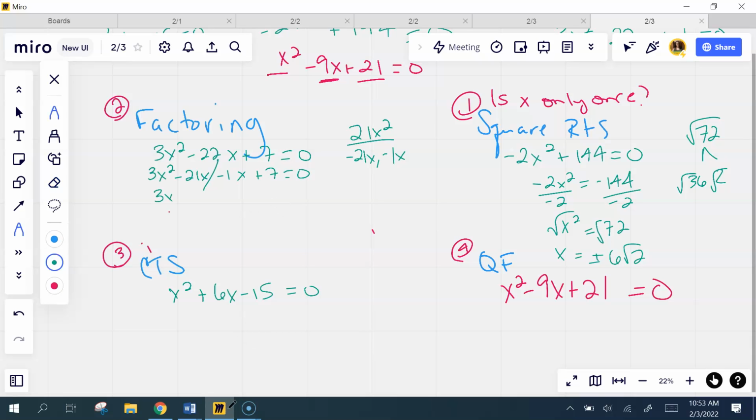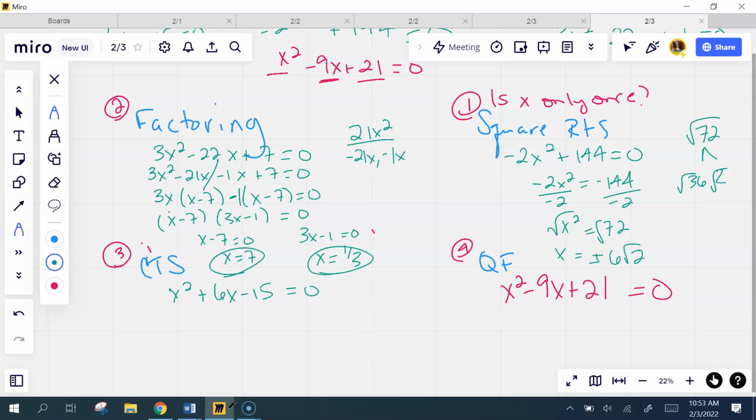I can take a 3x out. It leaves me with x minus 7. I have to keep that middle sign. There's a 1 there. It leaves me with x minus 7. So I have x minus 7 times 3x minus 1. And if both of those go to 0, x minus 7 equals 0, 3x minus 1 equals 0, I have x equals 7. And I'm just going to skip a step there because I'm out of room, 1/3.